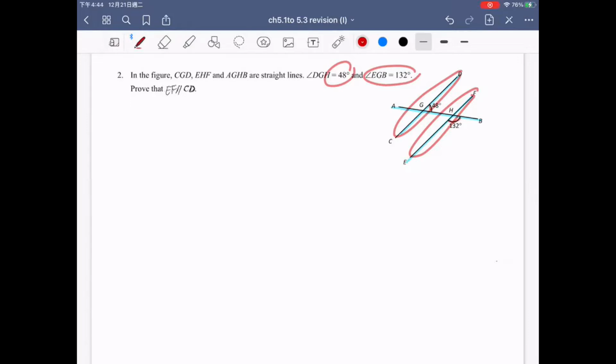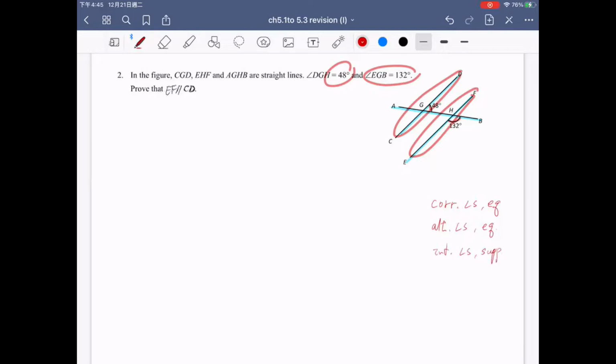So for us to prove the parallel lines, in fact we can just do it in reverse: corresponding angles equal, alternate angles equal, and interior angles supplementary.